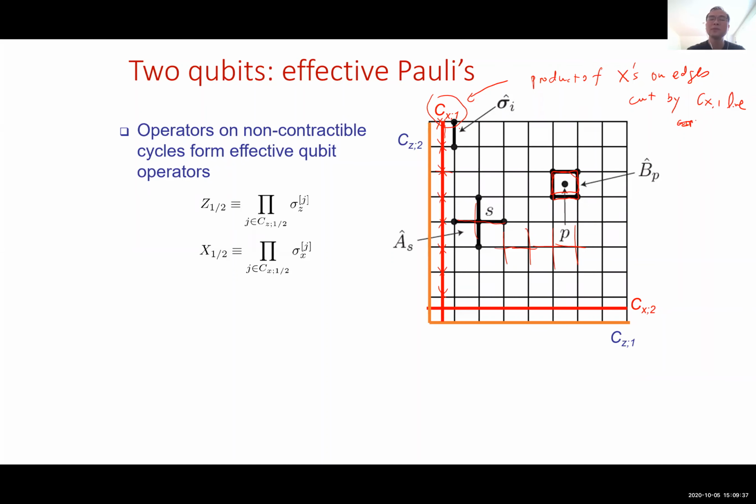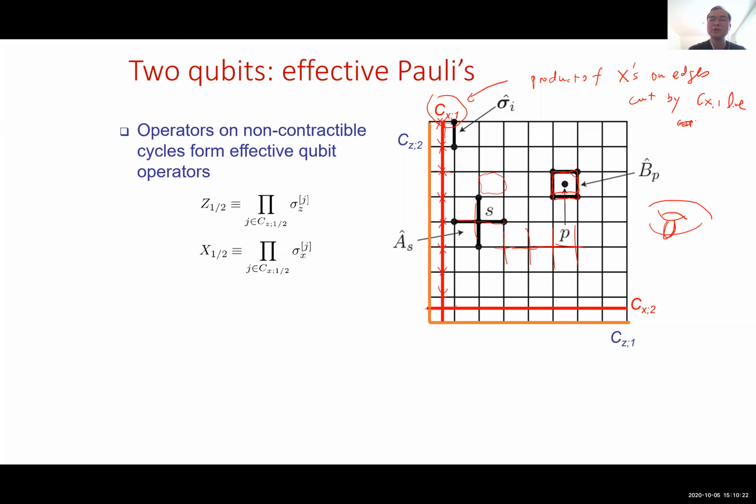You can see that it would commute with all the star operators because this is just X, and X commutes with X. But for plaquette operators, each plaquette that has overlap with this line would overlap at 2 locations, and for the other plaquettes there is no overlap. So the product of all these X's looping around the torus, for example like this, commutes with all the stabilizers.